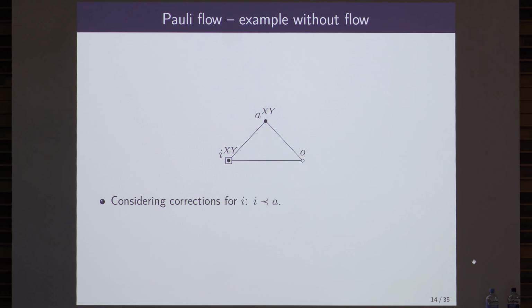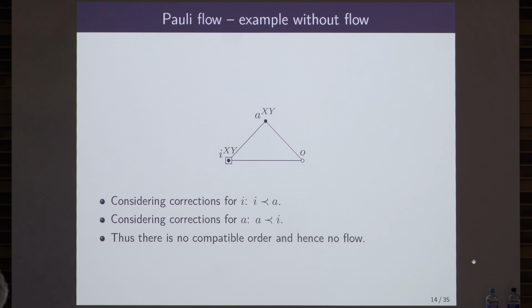We will always have to apply something to A, which means that qubit I must be measured before A. But we can also look at qubit A, and in a similar way, we would obtain that it would be necessary to measure qubit A before qubit I. We would need to apply some gate to I in order to correct the undesired outcome for qubit A. What it means overall is that there is no order in which we can measure the vertices in order to perform this computation in a robustly deterministic way.